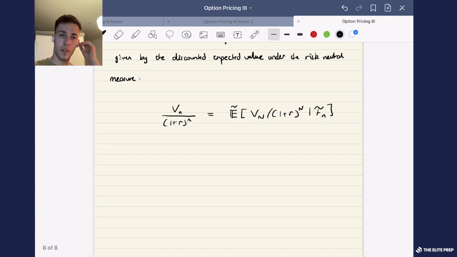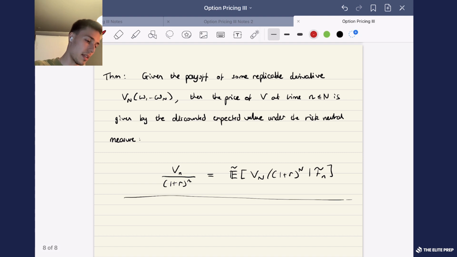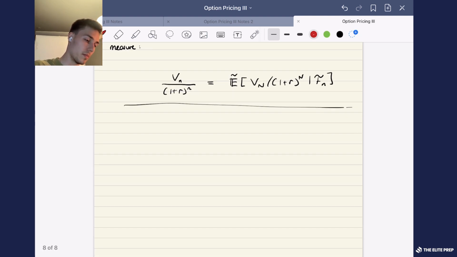This can be seen in the following way. We've assumed that the derivative is replicable. So that means there's a trading strategy such that xN equals VN. Every trading strategy is a martingale. We've shown that before.